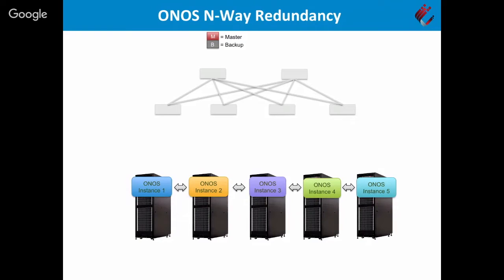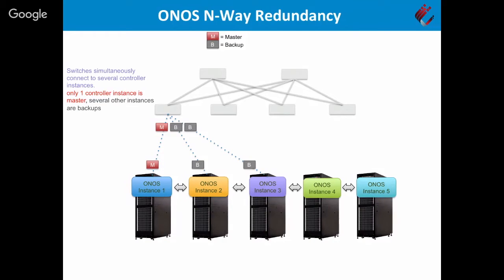So here's an instance of a leaf-spine fabric, for example, that is controlled by 5 instances of ONOS that are spread around the data center, okay? So each switch at the same time simultaneously connects to multiple instances of the controller, okay? And one of them is determined to be the master for that switch, and the rest are determined to be backups.